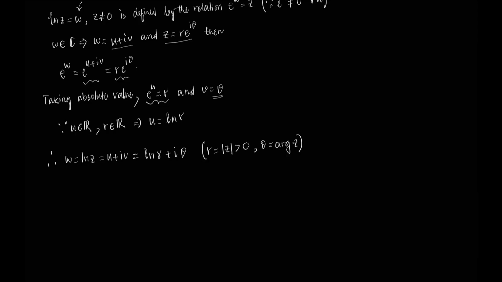Now you do realize that since theta is just the argument of z, we can actually replace it by adding an integer multiple of 2 pi. Hence, the complex natural logarithm log of z, again z is not 0, please remember, is infinitely valued.